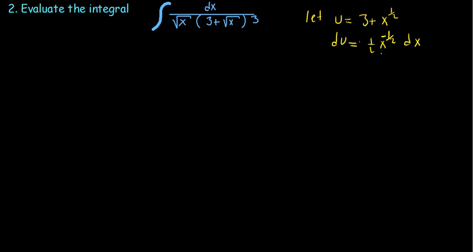If I want to make dx the subject of the formula, dx is equal to du divided by 1 over 2 and then x to the power negative 1 over 2. I can write this in much simpler terms. That will be dx is equal to, there is a 1 on top, 1 over 1 over 2, that is simply the same as 2, and then we have got du.